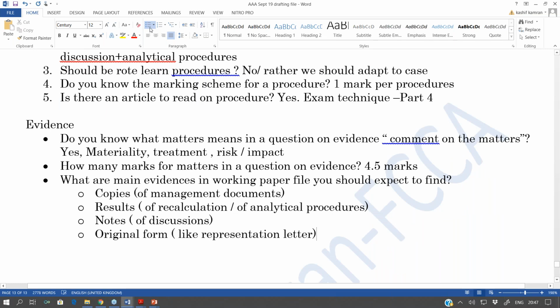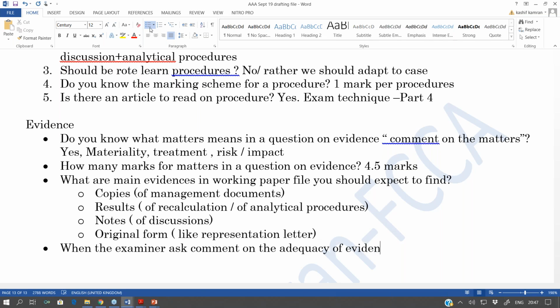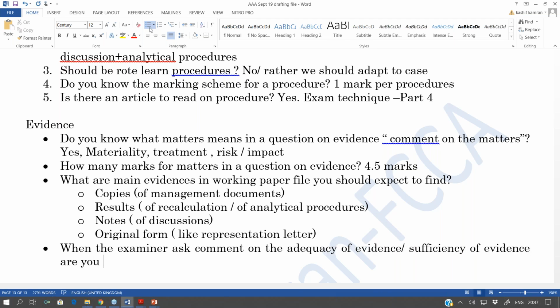Okay, next. When the examiner asks comment on the adequacy of evidence, or comment on the sufficiency of evidence, are you clear what to do? Right?